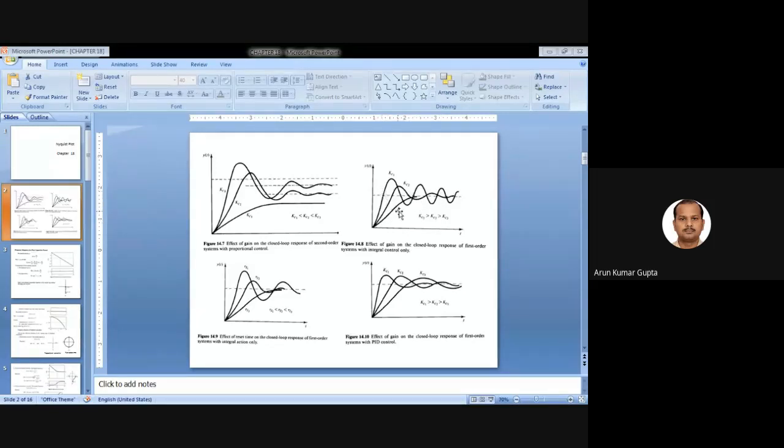When you have a PI controller, whatever tau I you have taken, now you are varying the Kc. So in PI you have Kc and tau I. If you keep tau I constant and now vary the Kc, then if you increase the Kc value, your oscillation will increase.